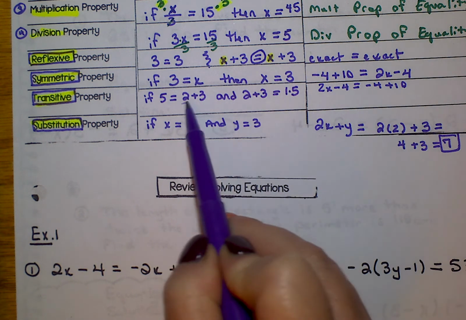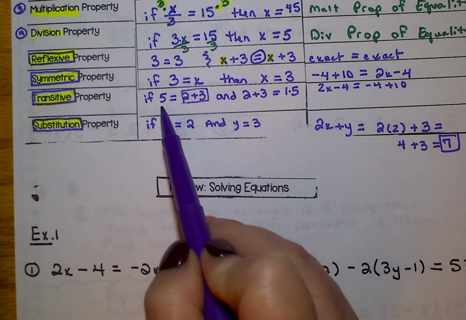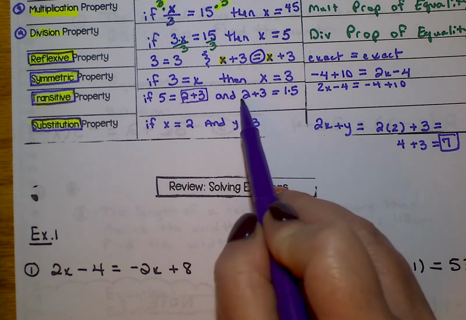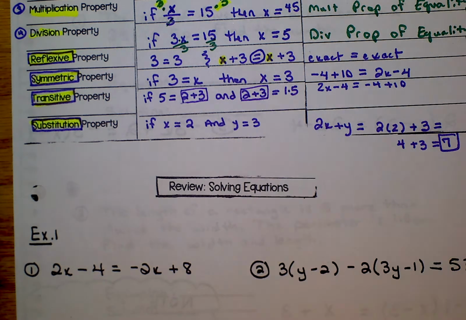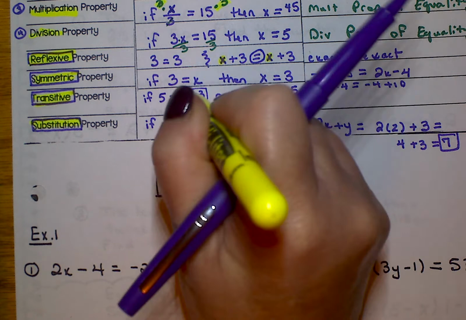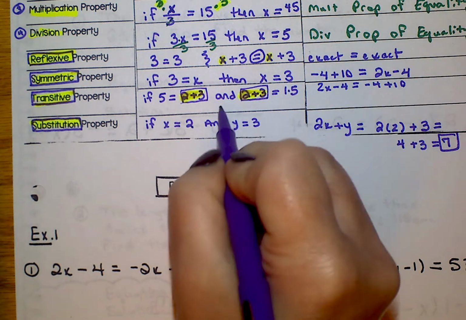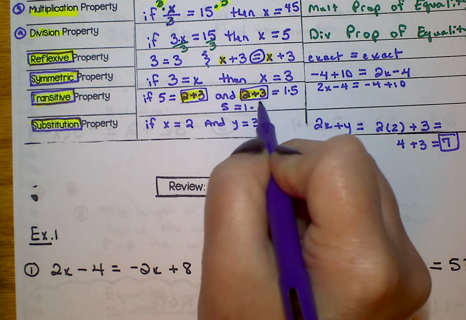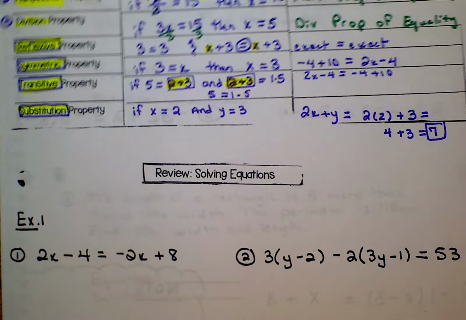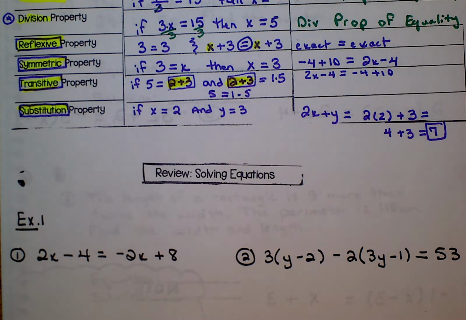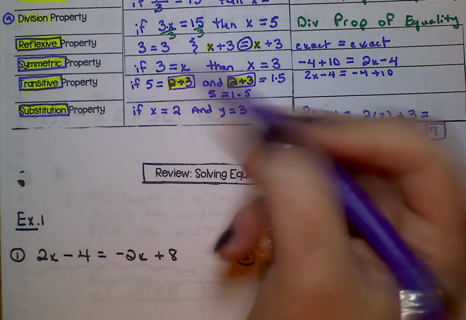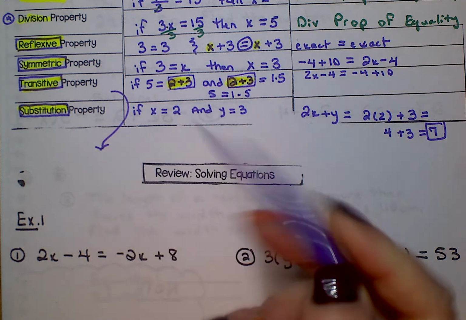Well, if 2 plus 3 is equal to that 5, and 2 plus 3 is also equal to 1 times 5, then that means that 5 would equal 1 times 5.